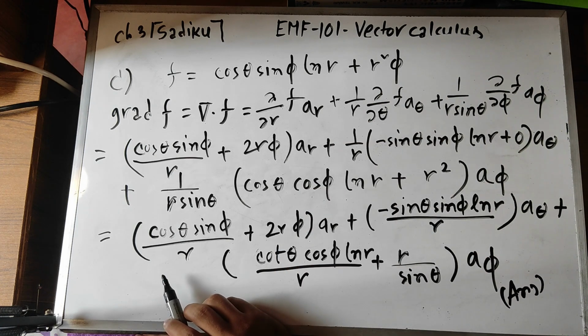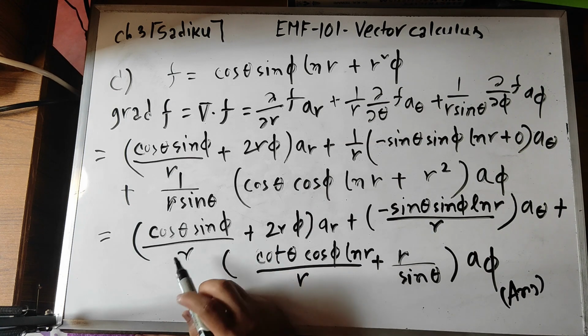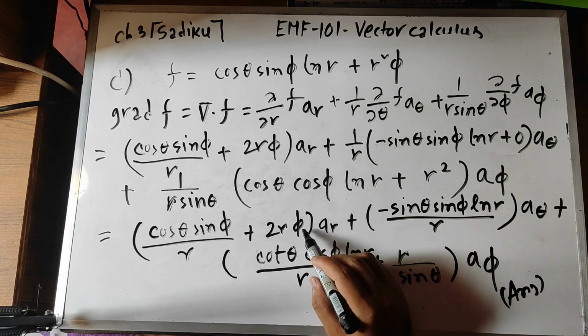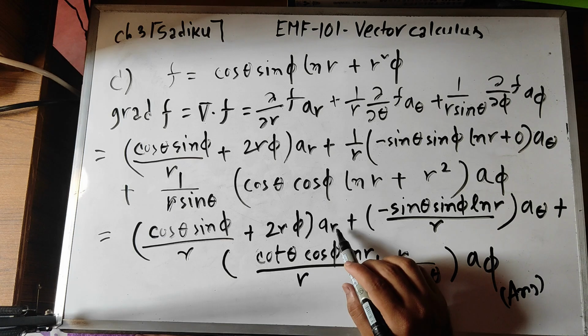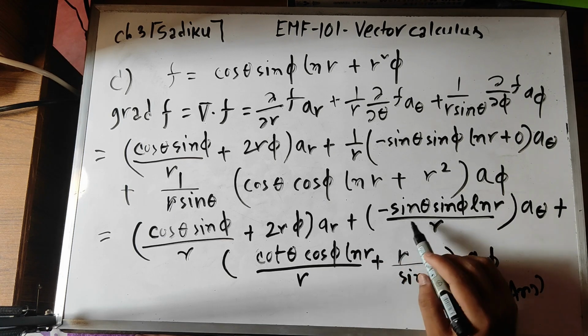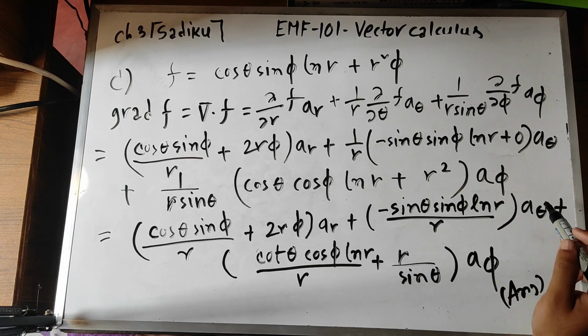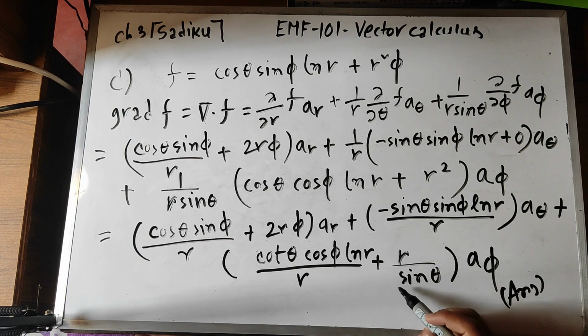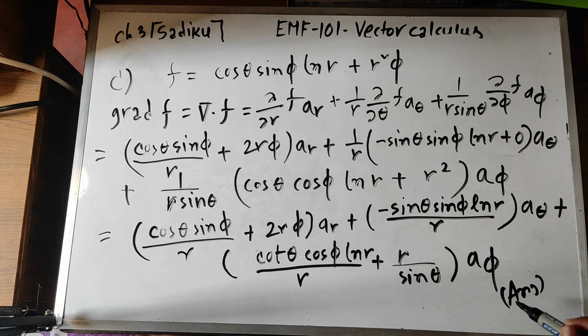The gradient is cos theta sine phi by r plus 2r phi in the direction ar, plus minus sine theta sine phi ln r by r in the direction a theta, plus cot theta cos phi ln r by r plus r by sine theta in the direction a phi.